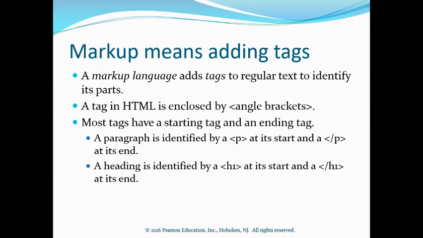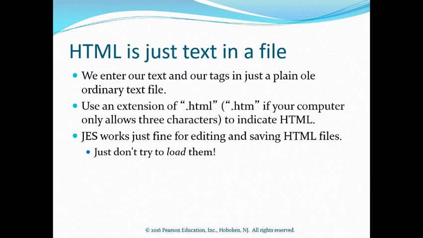A heading is identified by h1 at its start and less than sign slash h1 at its end. So you'll see the difference between the start tag and the end tag. The end tag typically will have that slash at the front of it.